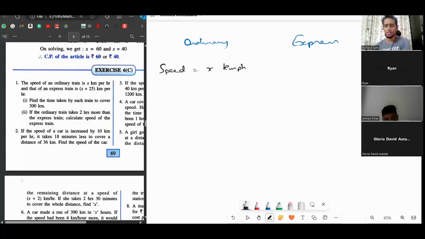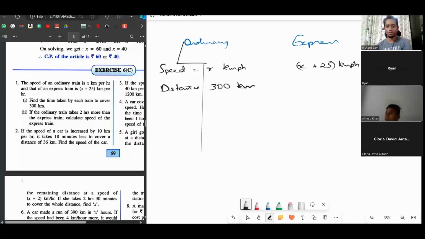And for the express train, the speed is x plus 25 kilometer per hour. Then we have distance. What is the distance traveled by the ordinary train? 300 kilometer. What is the distance traveled by the express train? 300. Both are covering the same distance.